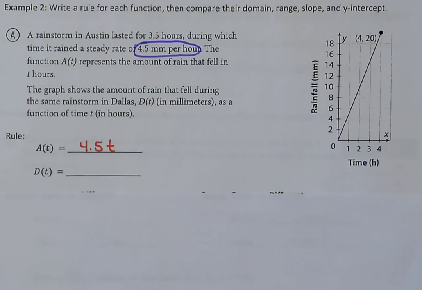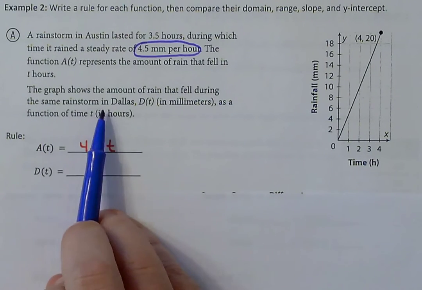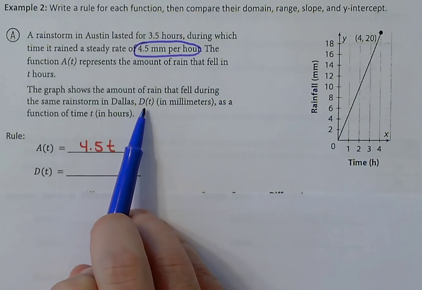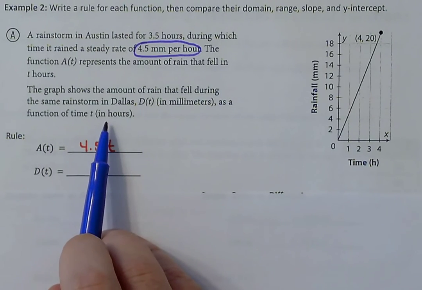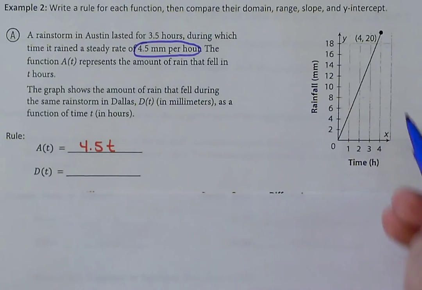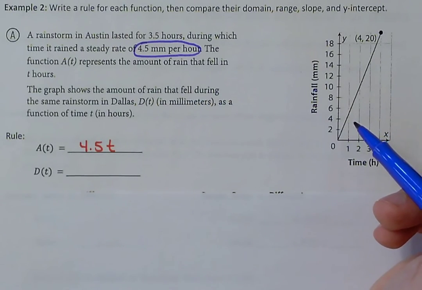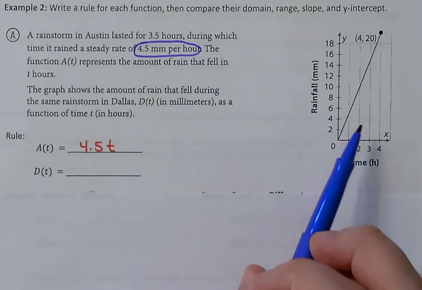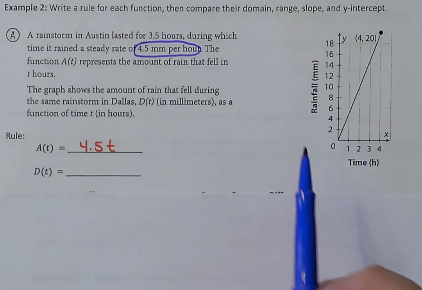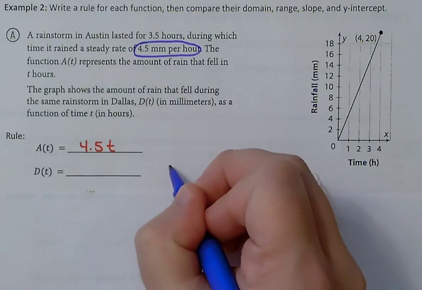Now, the graph shows the amount of rain that fell during the same rainstorm in Dallas, d of t, in millimeters, as a function of time t in hours. So the graph is going to give us our function for Dallas, and we have to write a rule based off this graph. First thing we need to do is figure out our slope.